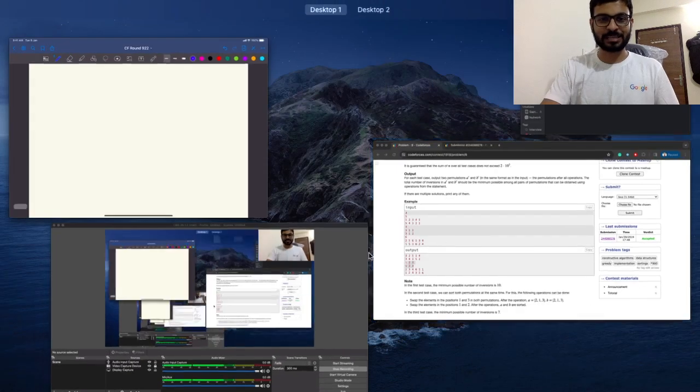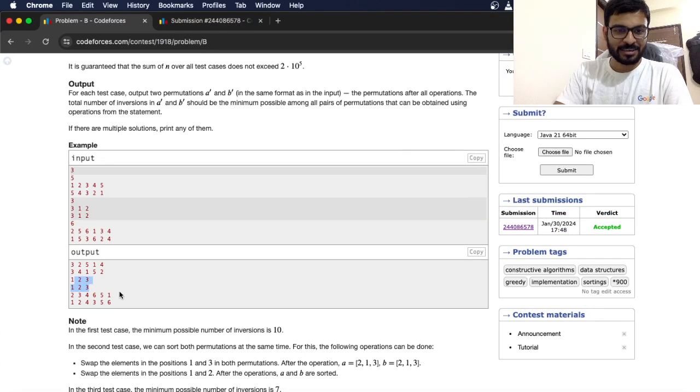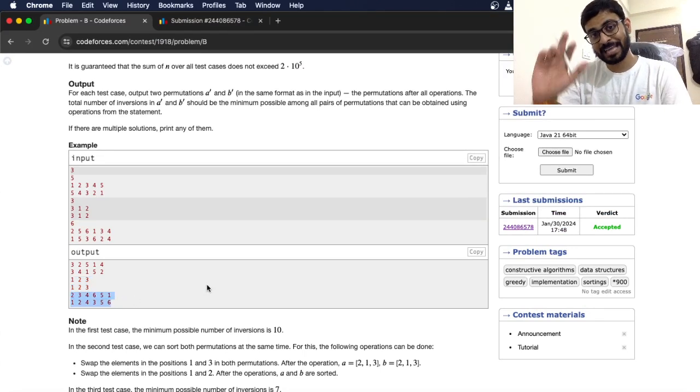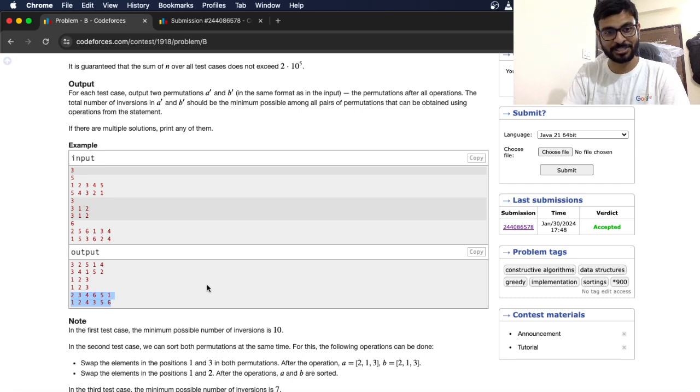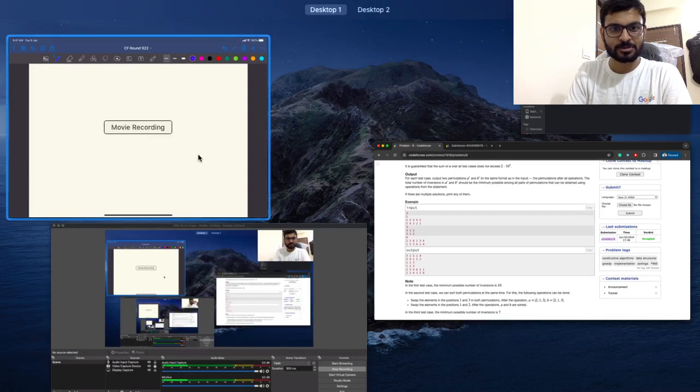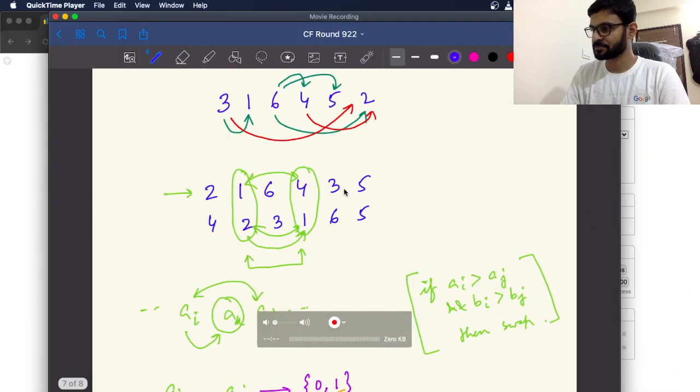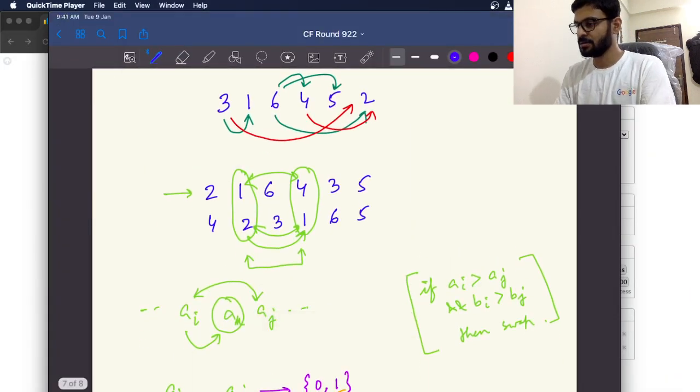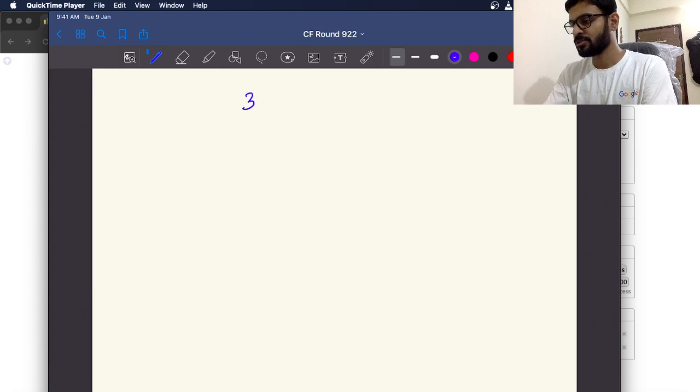If I take one example, let's say the last example. Here you will get a different answer according to my logic, but that will also give you the correct number of inversions. If I take the top one, it's the same thing. So if I take a different one, maybe a smaller one, 3, 1, 4, 2, 2, 4, 3, 1, something like this.